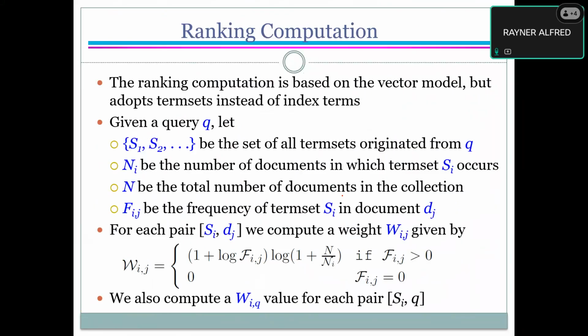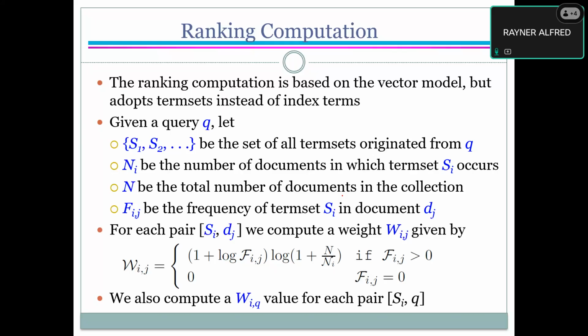Okay, now we define the weightage for this term set, because in the previous lecture we took individual index terms, right? So now the weightage for the term set we can compute using the same formula here, but instead of using individual index terms, now we are using term sets.